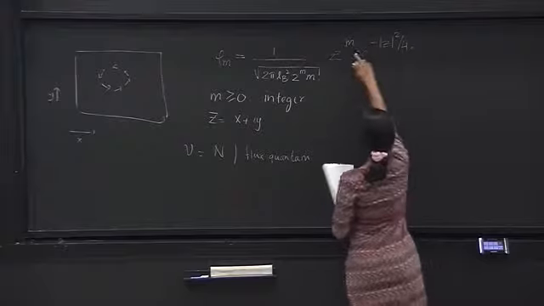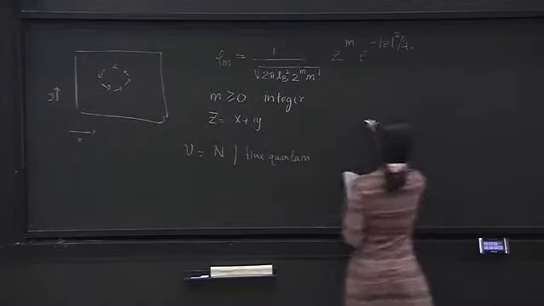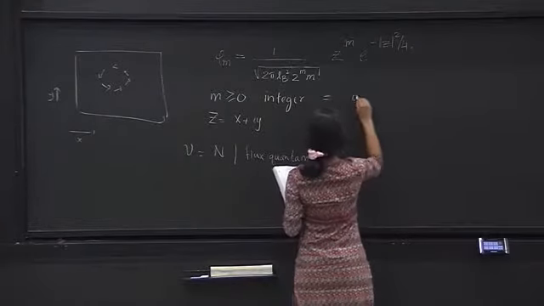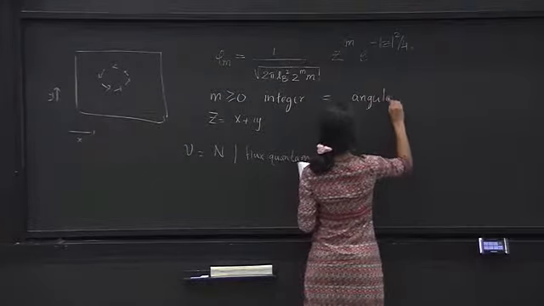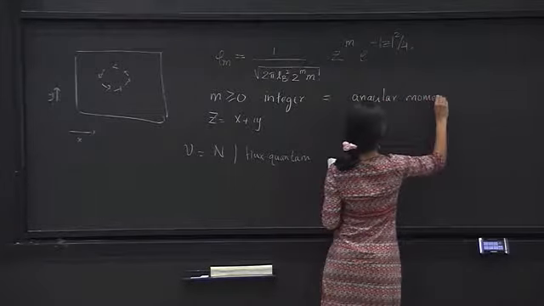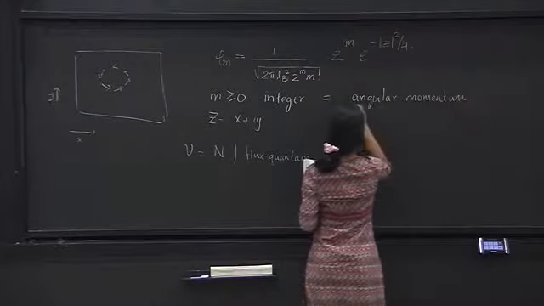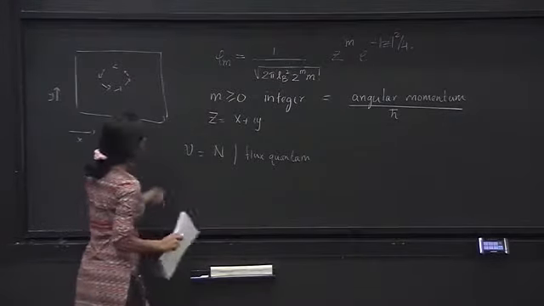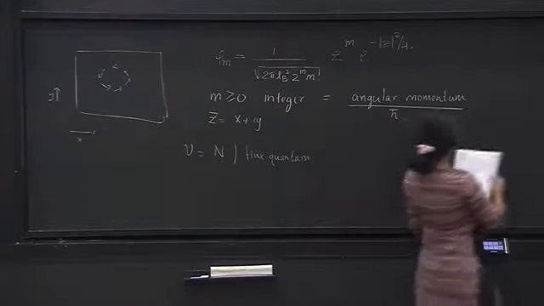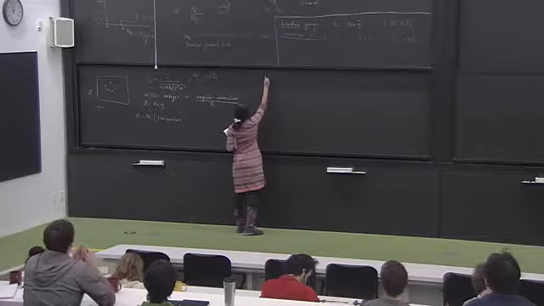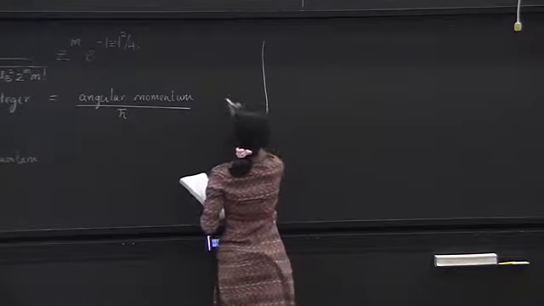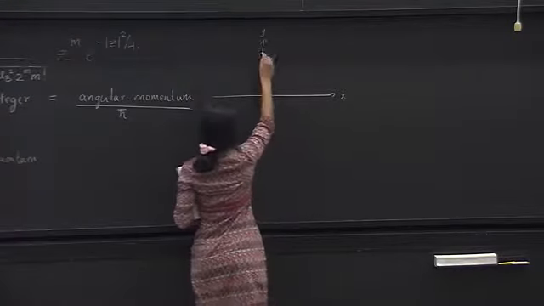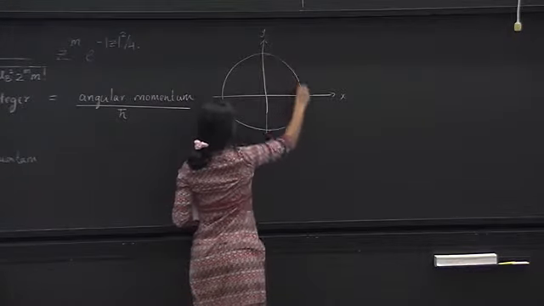Okay, and m here has the interpretation of being the angular momentum, so this is equal to the angular momentum over h bar. Pictorially, if I plotted mod psi squared in the xy plane, these wave functions have maximum weight on a ring.